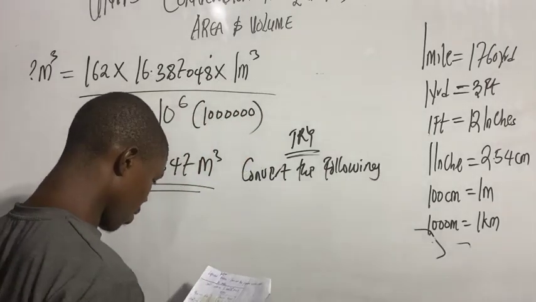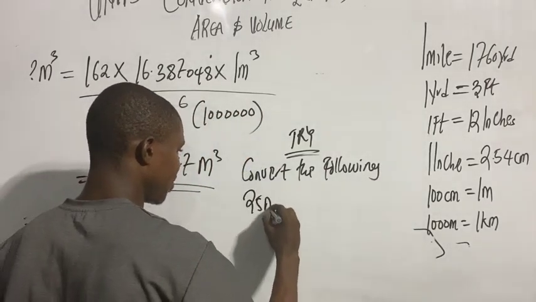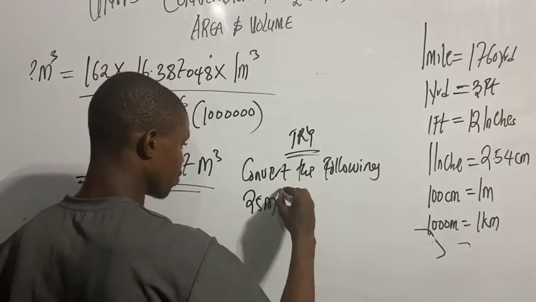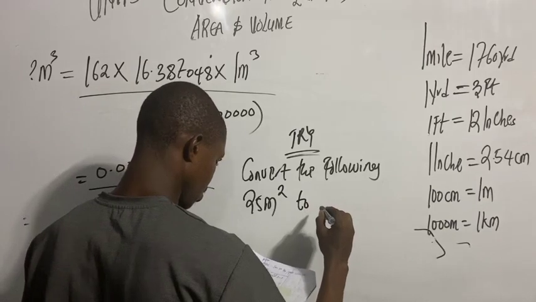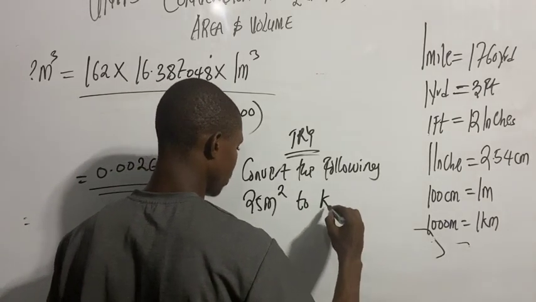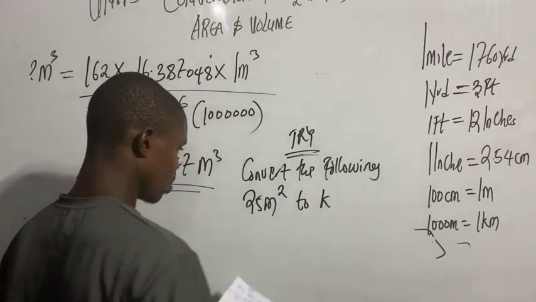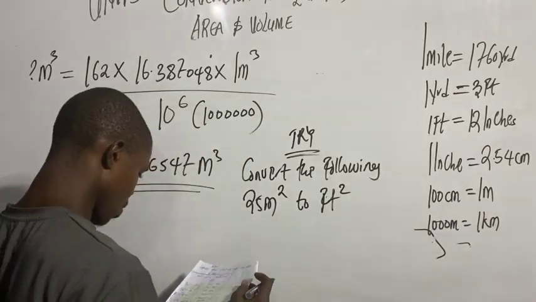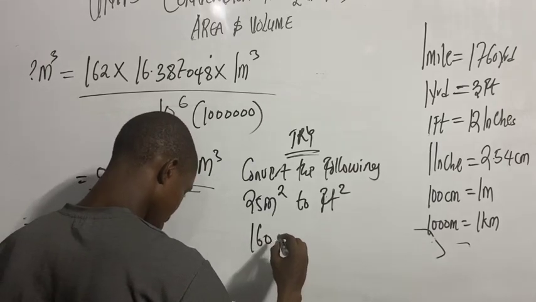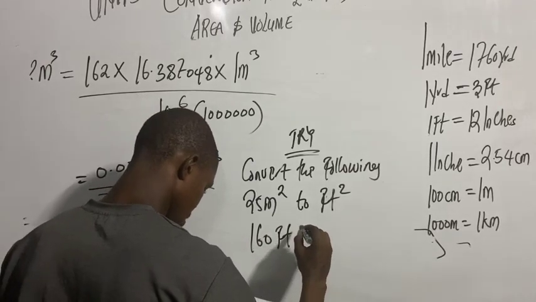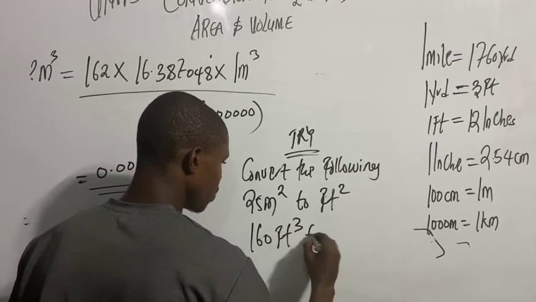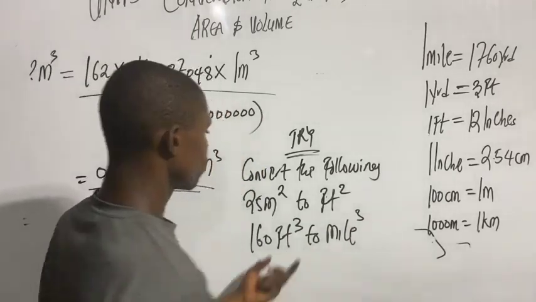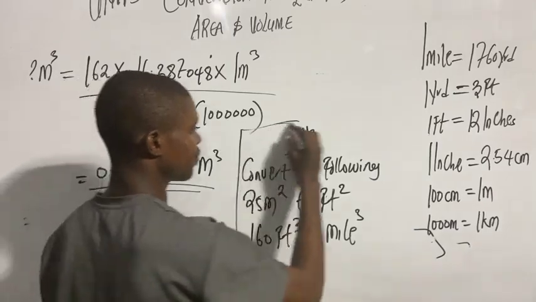Here we have 25 meter square to feet square, and 160 feet cube to meter cube. So go ahead and try this for me.